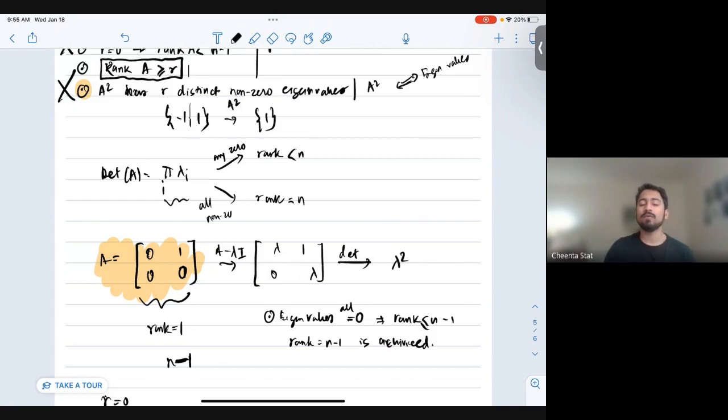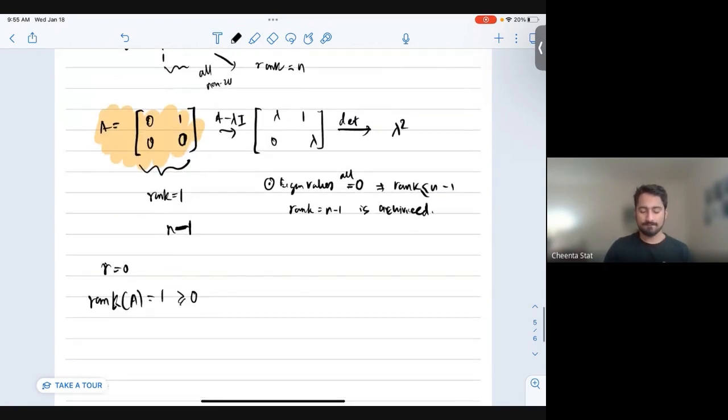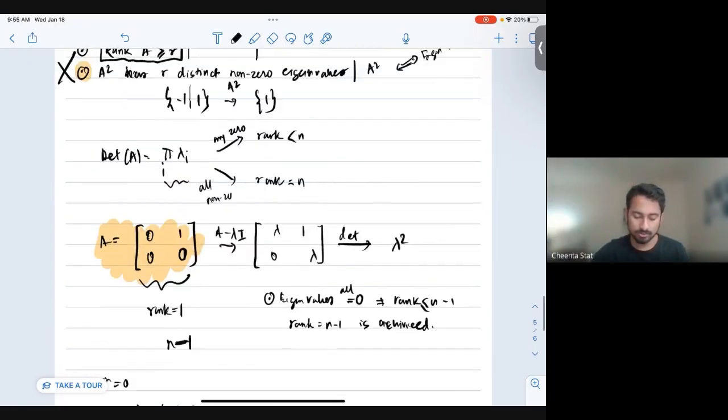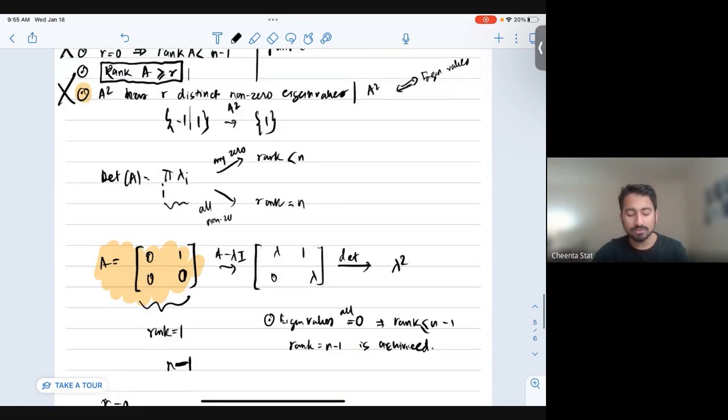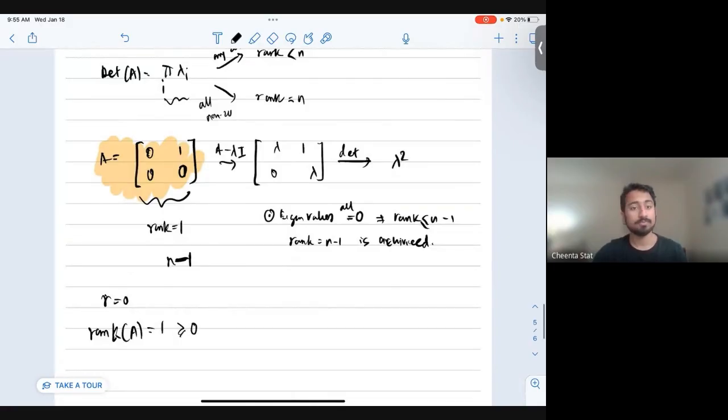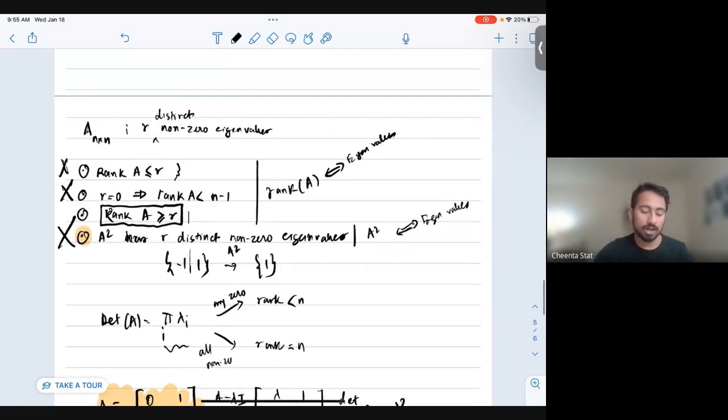Sorry, what I'm saying: rank is equal to 1 and R is equal to 0. I hope it's clear, Vangshika.